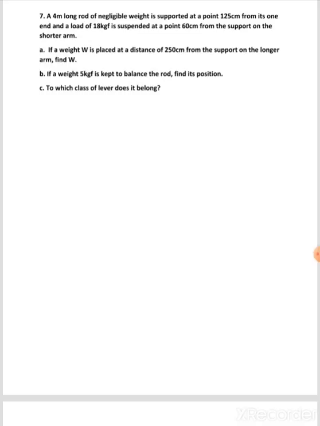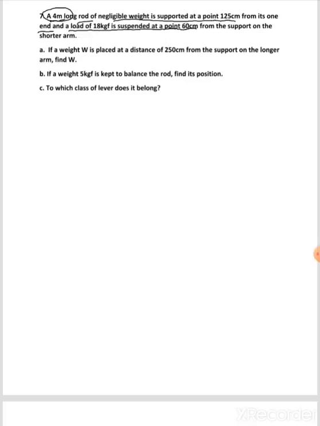A 4 meter long rod. So here the first information given is the rod whose length is 4 meter, of negligible weight, is supported at a point 125 centimeter from its one end, and a load of 18 kgf is suspended at a point 60 centimeter from the support on the shorter arm.